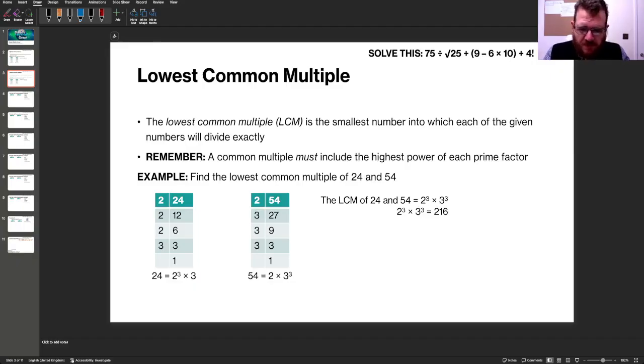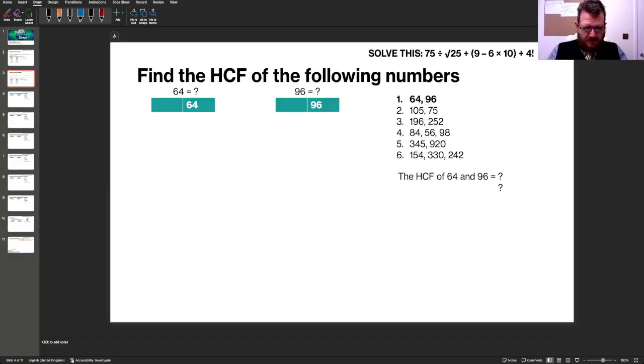So you've got to include the highest power in each factor. So how many times each number appears, which is why you then put them into numerical order afterwards. So let's begin and have some fun.